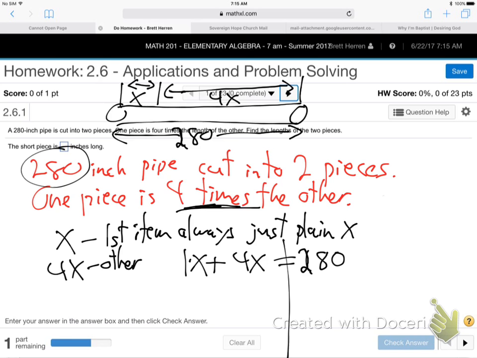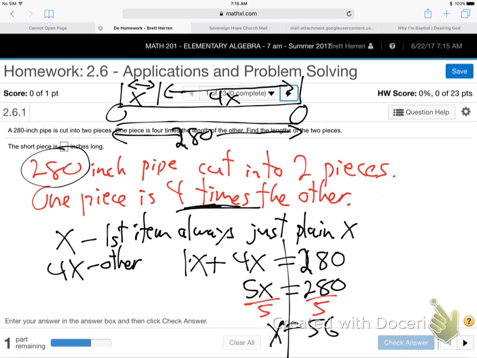So 1x and 4x is 5x. And then the last step for solving for x is always divide. That's right. And x is 56, yeah.